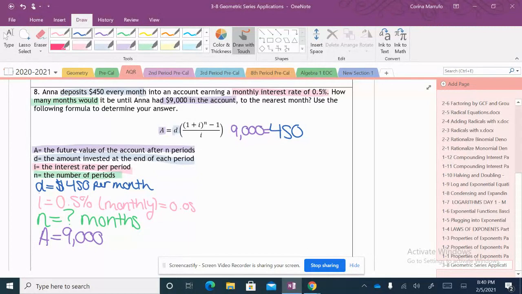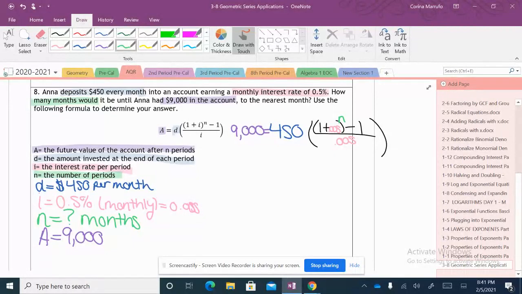Then I'm going to copy down the part that doesn't change, which is these parentheses, the division sign, 1 plus our interest rate to the n power minus 1. My interest rate I is, you know what, it's 0.005, because it's 0.5%. So I do need to fill in those two zeros. And what we're looking for is the number of periods, the number of months. So we're going to leave that as N, and then we're going to slowly start solving for N.